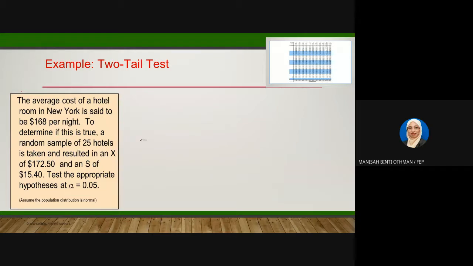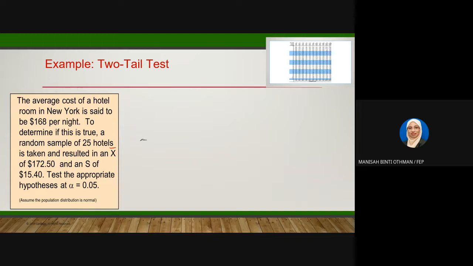Someone claims, or maybe based on a report, that a hotel room in New York is $168 per night.